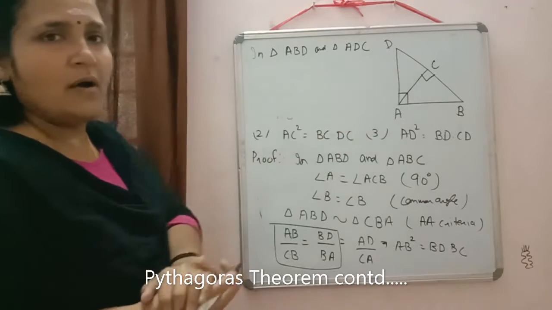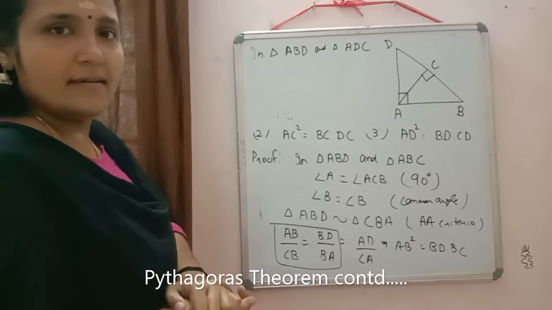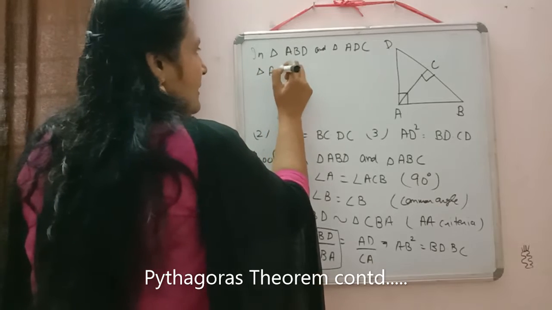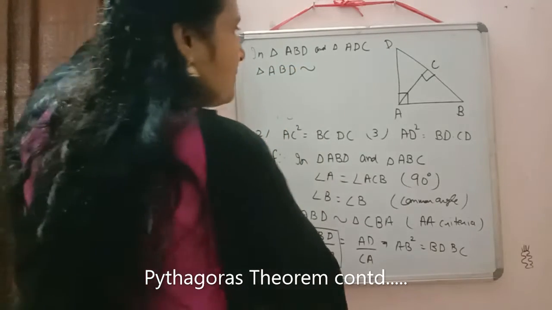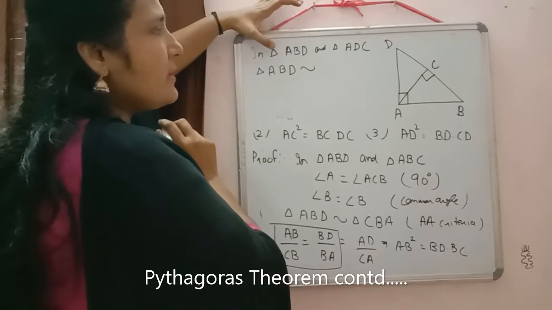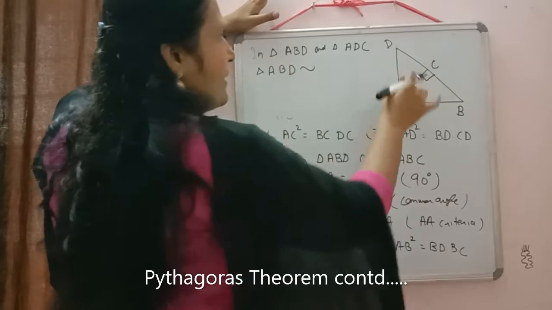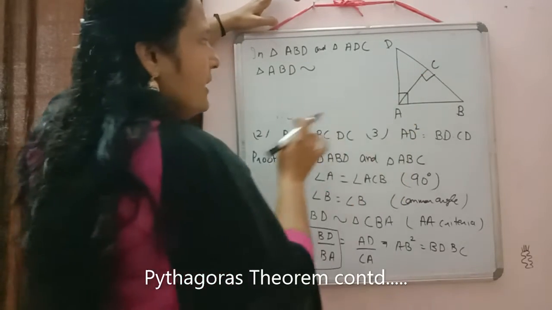And I think you know now how to prove the similarity. Written? Okay. Now I am going to write the similarity condition directly. Triangle ABD is similar to. What are the equal angles we have here? Triangle ABD and triangle ACD. Angle A is equal to angle C.